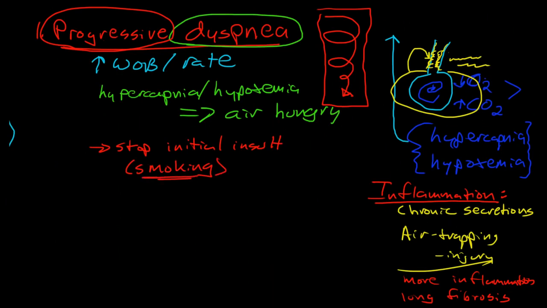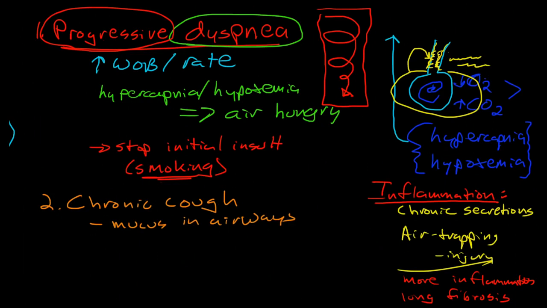Okay, so what is the second symptom in this clinical syndrome? It is a chronic cough. Chronic bronchitis causes a cough because of the irritation of mucus present in the airways and the inflammation.